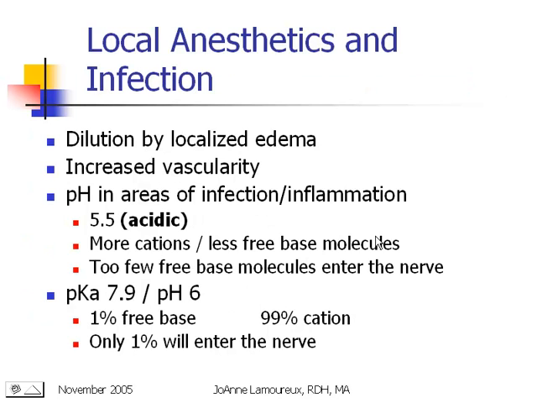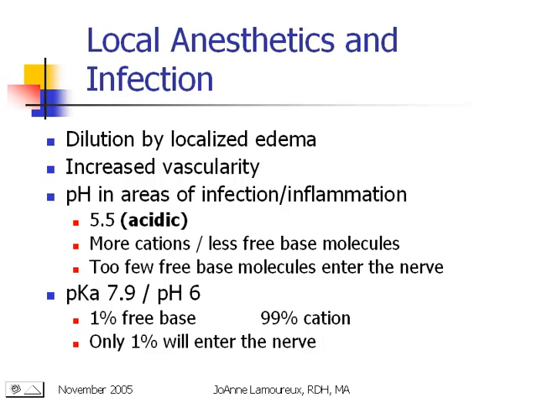Why is this important? Well, this whole thing is important to understand because otherwise it's impossible to understand why local anesthetics don't work when there's inflammation or infection in an area, which we're often dealing with. First of all, when we have infection or inflammation, there's increased vascularity. That means the blood supply to the area is increased.